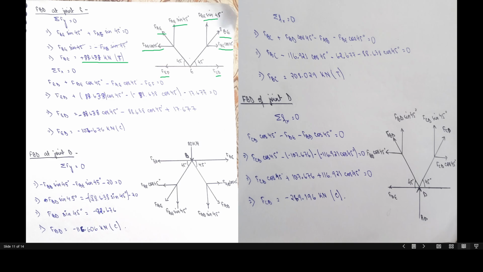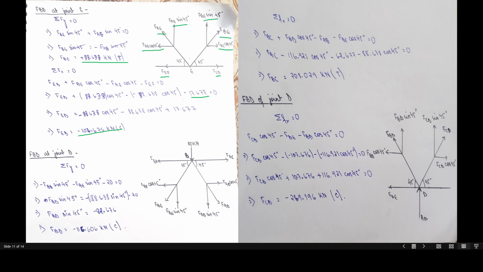We already have the value of FBE and FAE, and FED was also known from before, so we can solve this and get the value of FEF as 107.676 kilonewton, and it's negative, so we simply write it's in compression.